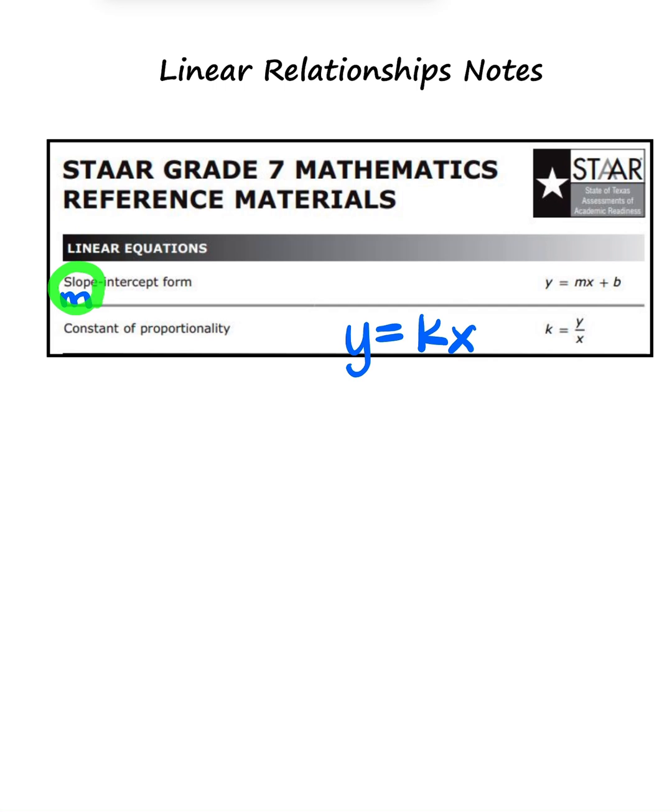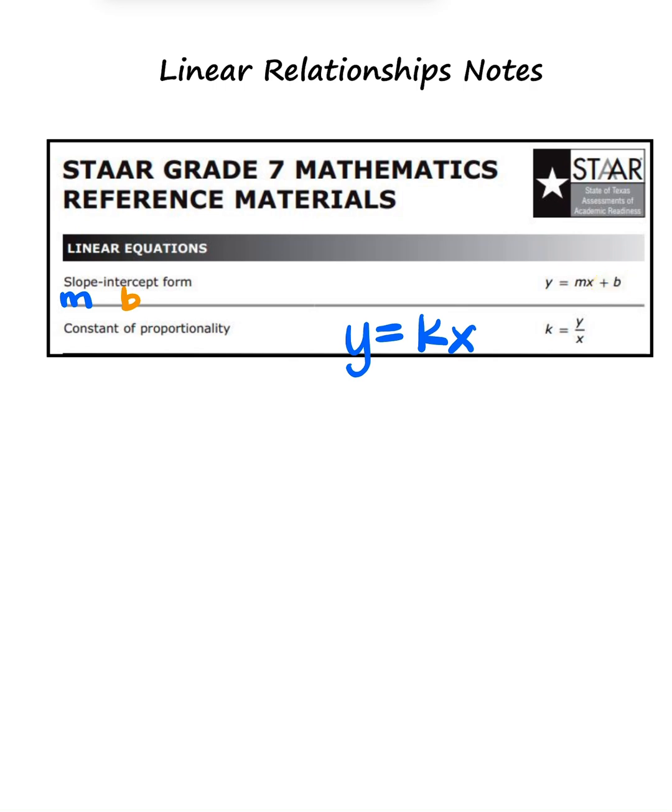Slope is m, and then we have intercept, which is the b. Again, when you read the words, the b is second, the word intercept is second, so that's really easy to remember. The only added piece is that plus.